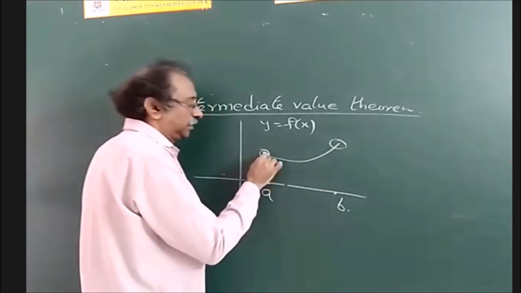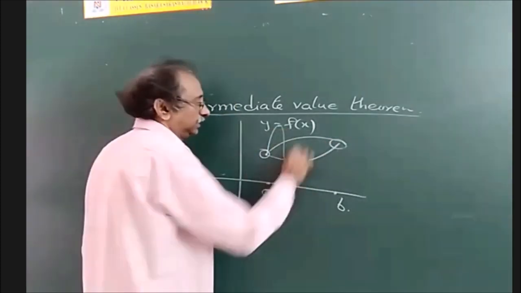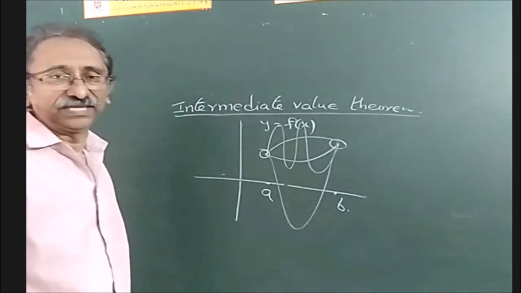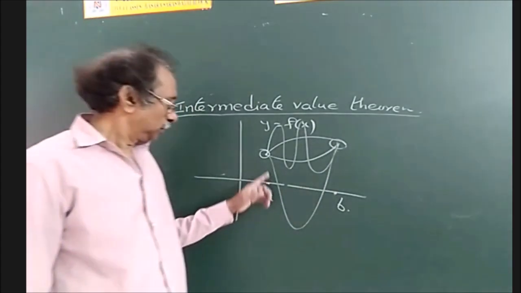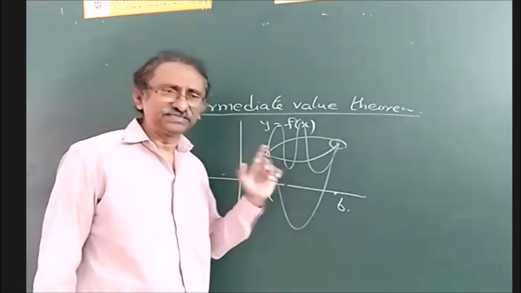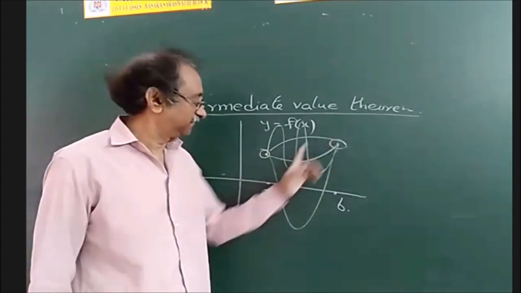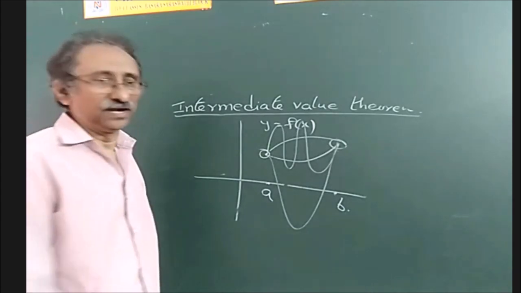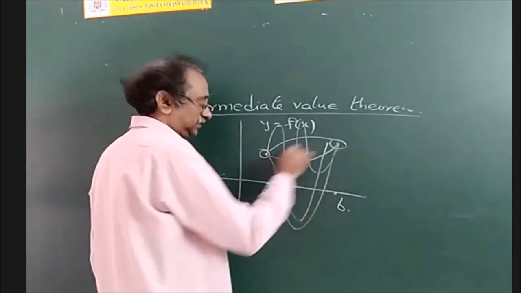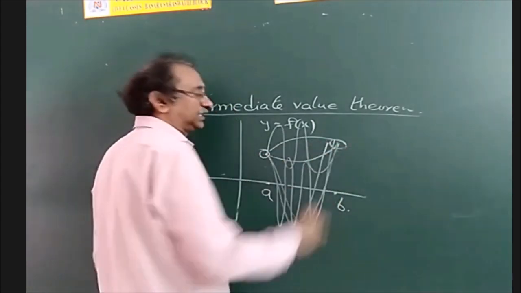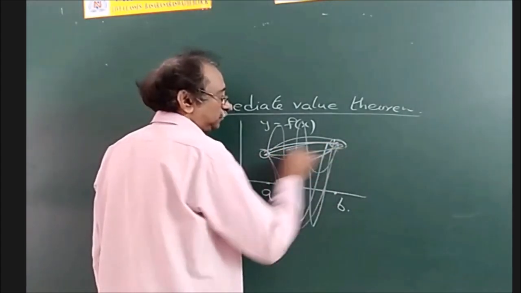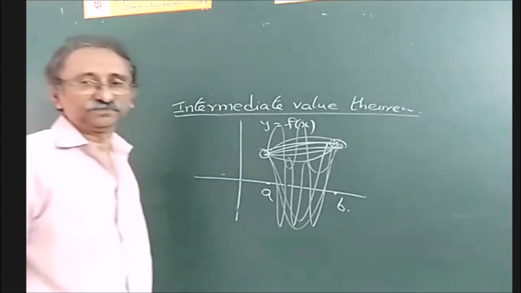Can you definitely say that this graph crosses the x-axis? No, we cannot say definitely, because it may cross like this, or many times, but there are graphs without crossing the x-axis, isn't it?